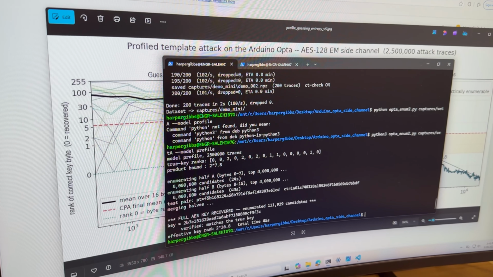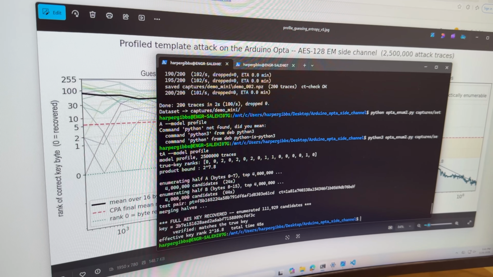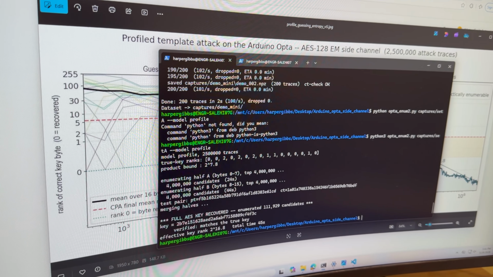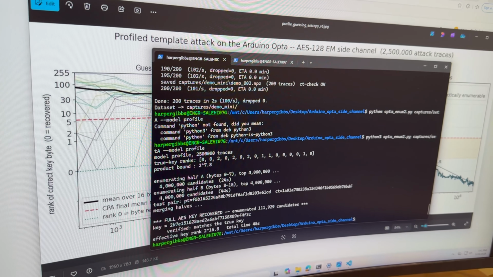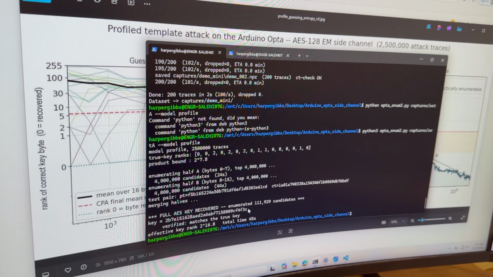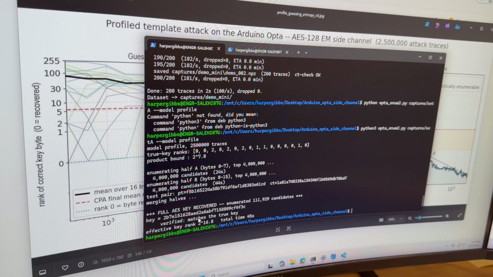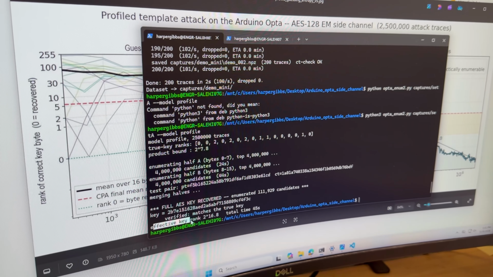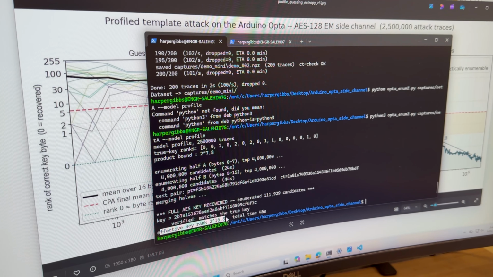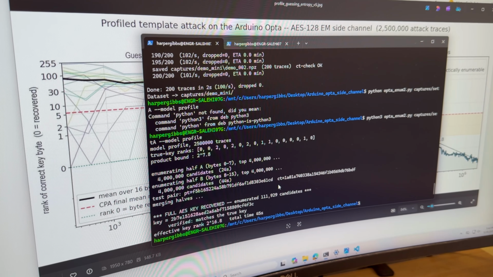As you can see, we enumerate first half of the key, second half of the key, and after around 111,000 candidates, we reach recovery of the true key. In this case, our effective key rank of the true key was right around 2^16.8, but we were able to recover it with enumeration.